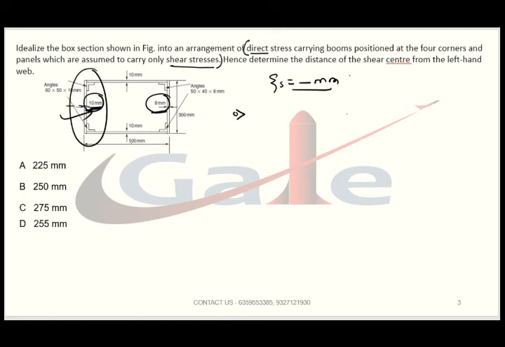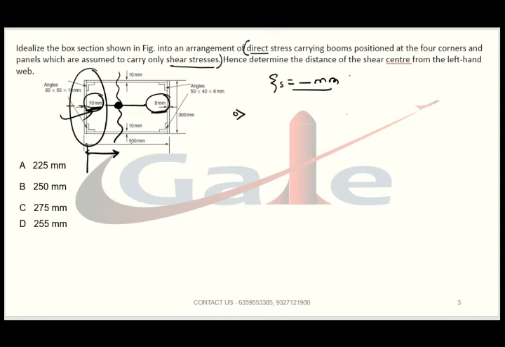So the shear flow will go towards somewhere here. Because the thickness here is more, the shear flow will be more, so the shear center will go slightly towards the left hand side. Can you tell me, from this and using the options, which option is correct?